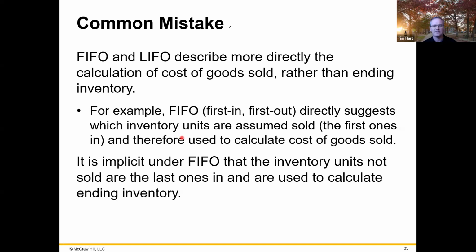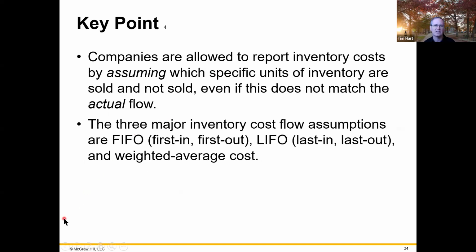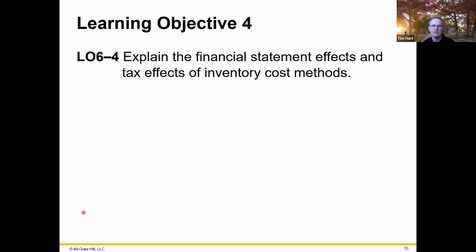And it's implicit under FIFO that the inventory units not sold are the last ones in, used to calculate the ending inventory. So key point here, companies are allowed to report inventory cost by assuming which specific units of inventory are sold and not sold, even if it doesn't match the actual flow. So FIFO, LIFO, and weighted average cost.